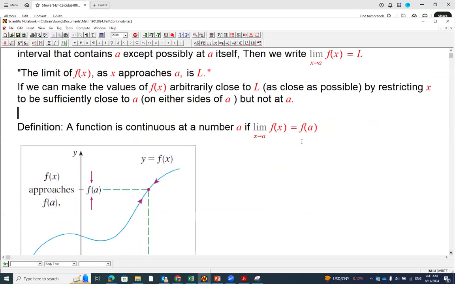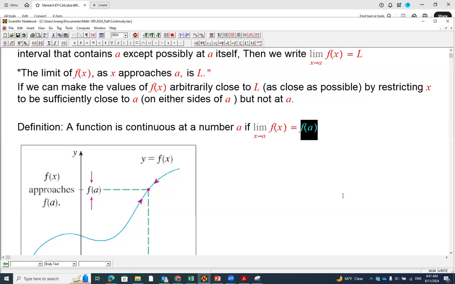We not only consider the limit of the function at A, which is defined by the intuitive definition we just talked about, but we are also concerned with the definition of the function at A, that particular point. So this is obviously a stronger requirement than just having a limit at A.